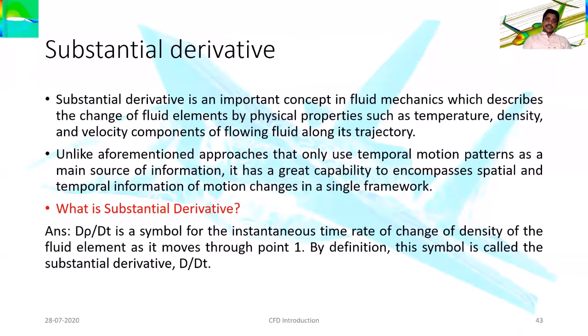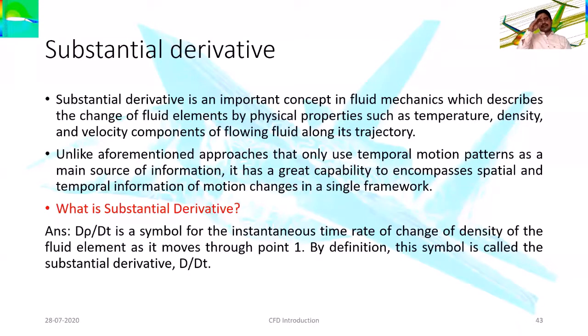If somebody asks what the substantial derivative is, it can be defined by d rho by dt, that is rho 2 minus rho 1 by t2 minus t1, where t represents the time and rho represents the density. So this d rho by dt gives us the instantaneous change happening in that particular fluid flow because of the fluid movement from point 1 to point 2.